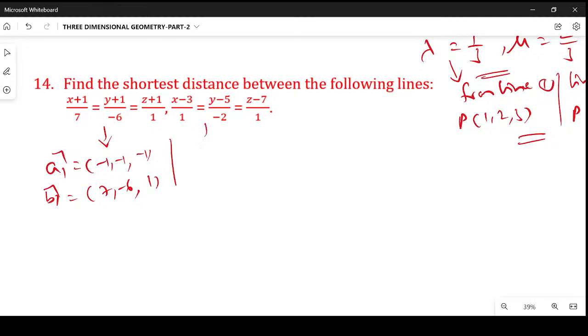For the second line, a2 bar is the point (3, 5, 7), and similarly b2 bar is the direction ratios, 1, -2, 1.